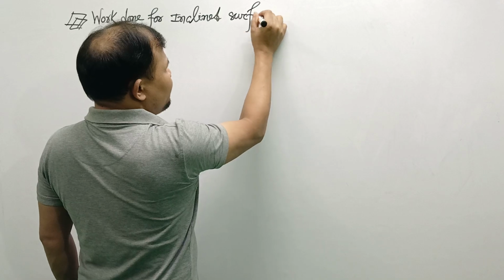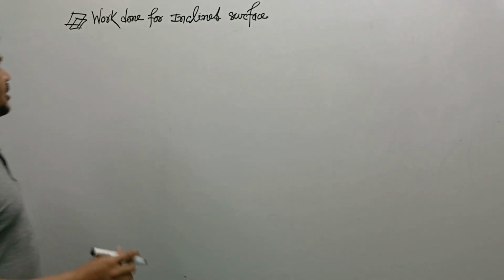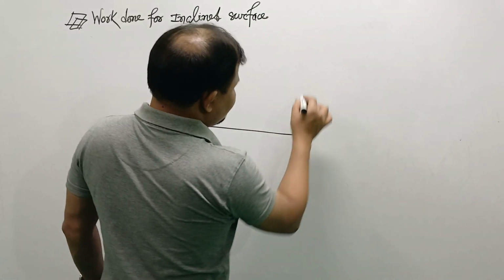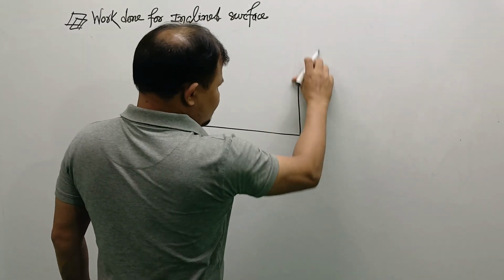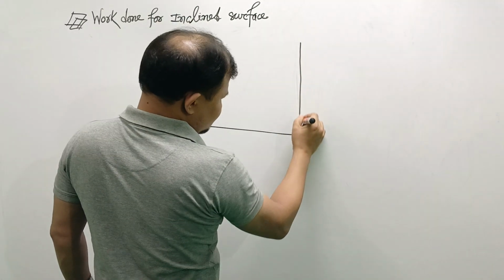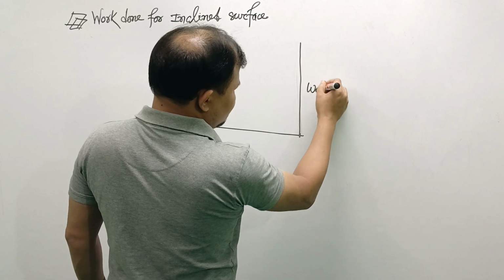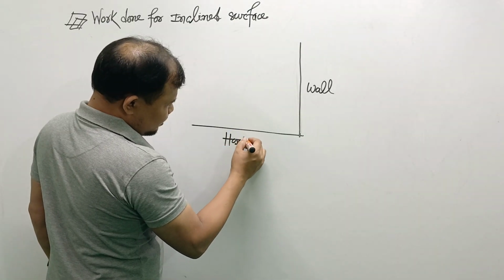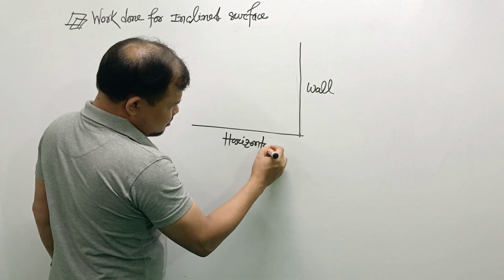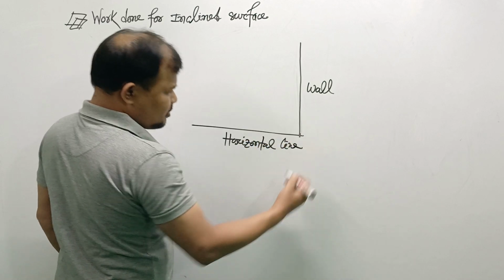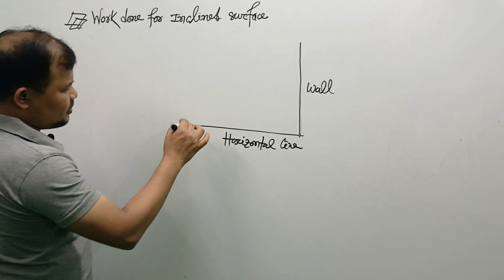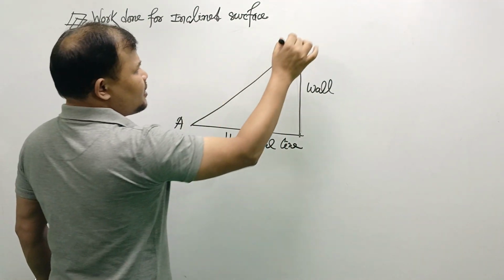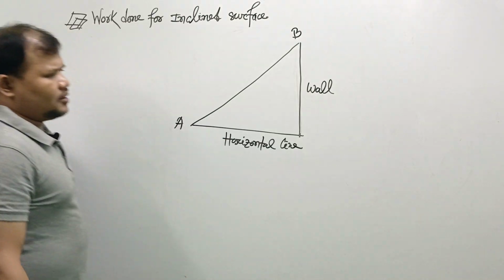Our duty is to find out the work done in case of the inclined surface. Suppose here is an inclined surface. Suppose this is the wall, and this is the horizontal line. Suppose here is an inclined surface. The name of the inclined surface is AB.